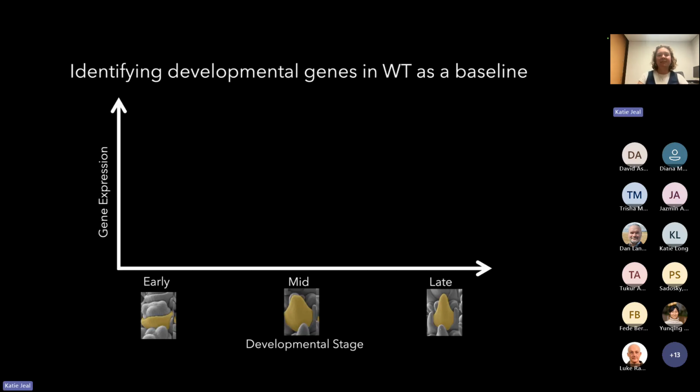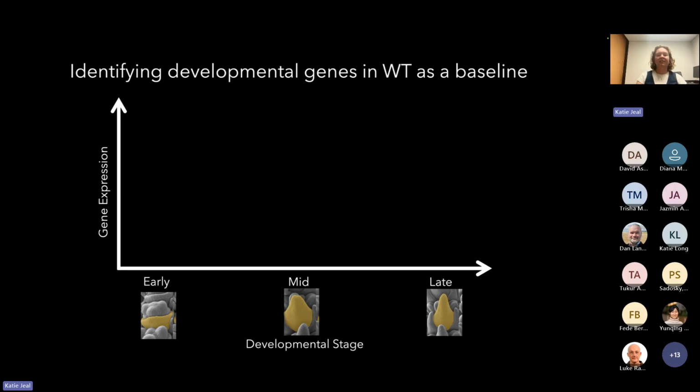So our first step in analyzing our RNA-seq data wasn't to just look at the mutant, but to define what normal developmental trajectories in these stages are in the wild type. And this was because we hypothesized that our leafy lemma would be a developmental mutant, and so any genes involved would be differentially regulated in our mutant compared to our wild type. So first we needed to get an idea of what genes are changing in our wild type over these 3 developmental stages.